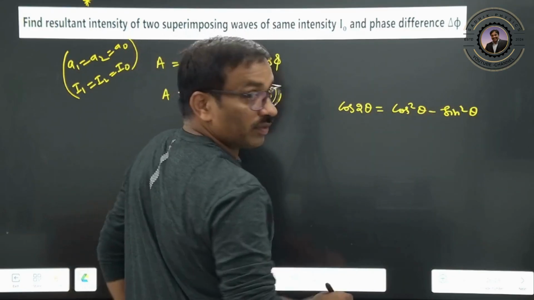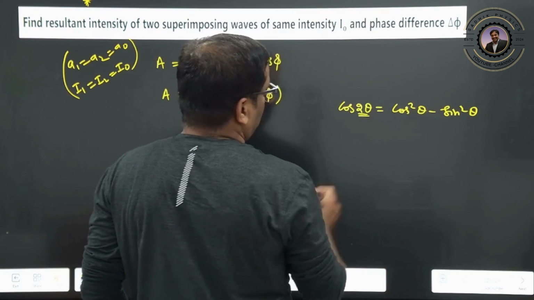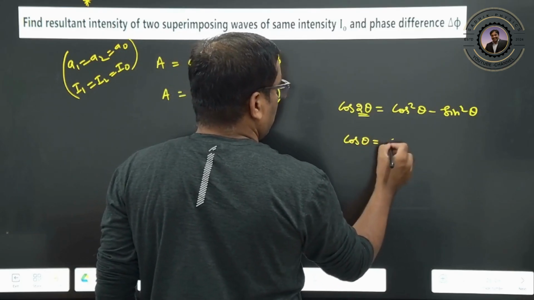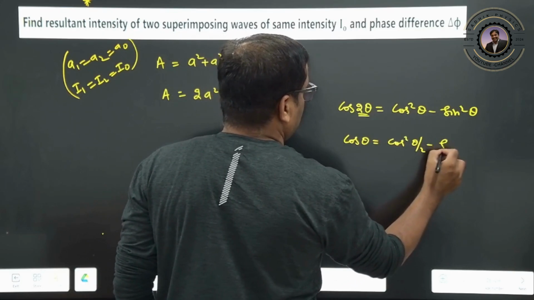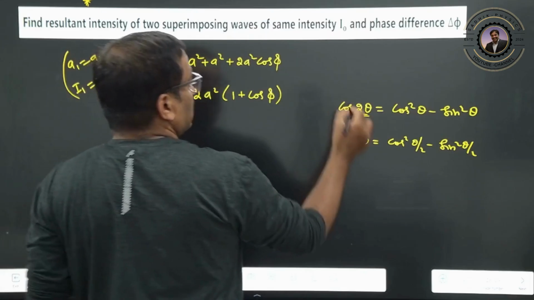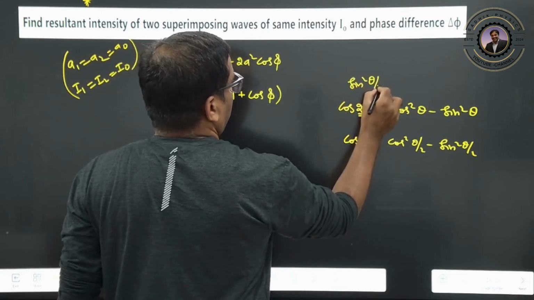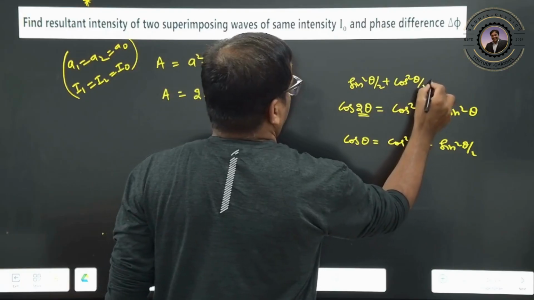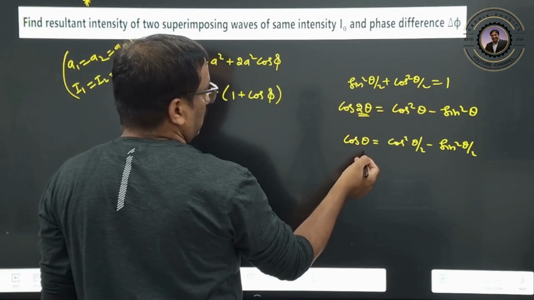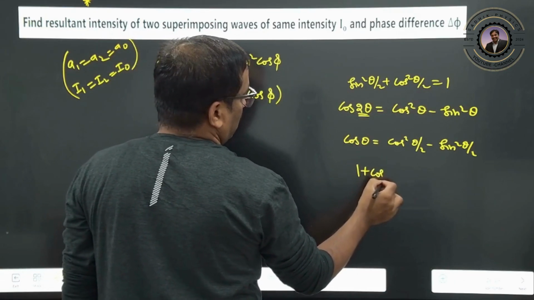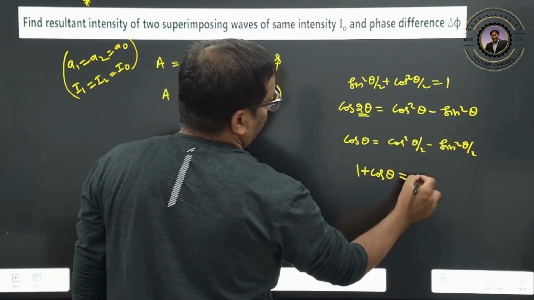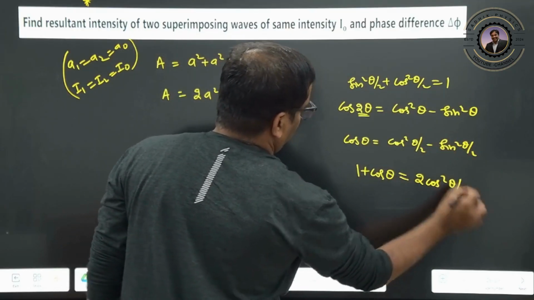So cos phi can be written as cos square phi by 2 minus sin square phi by 2. Here 1 can be written as sin square phi by 2 plus cos square phi by 2 equals 1. If you add these two, 1 plus cos phi, the sin square gets cancelled out, so it is 2 cos square phi by 2.